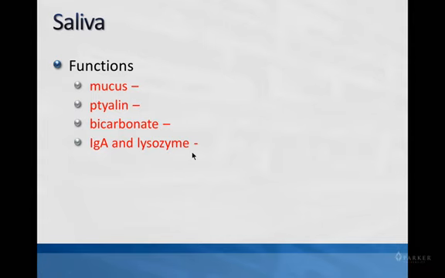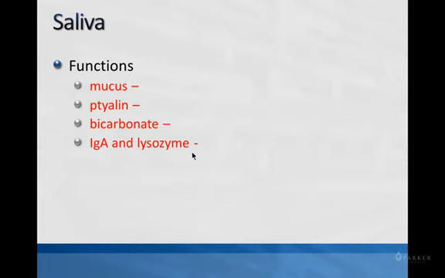Now, here's a problem, or could be a problem. Saliva serves a very important role in protecting the teeth and the oral cavity from all this bacterial population, and it also helps aid in the swallowing process.